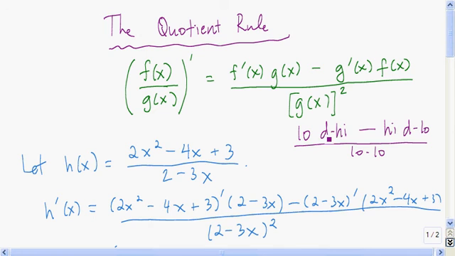So low, D, high means you take the bottom function times the derivative of the top, where the D in front means the derivative of, minus high, D, low, which means top function times the derivative of the bottom function, divided by low, low, which means the bottom function times the bottom function. So low, D, high minus high, D, low over low, low. Sounds very goofy, but again, it might help.